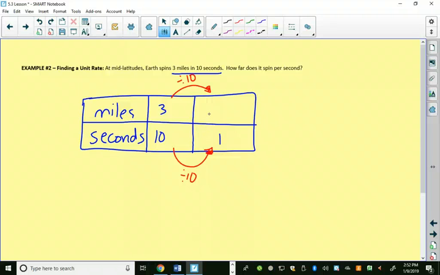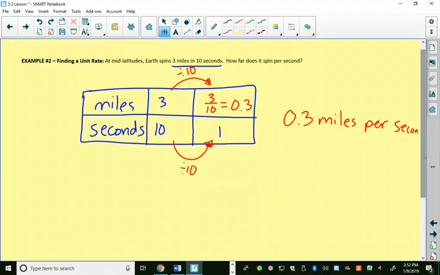And 3 divided by 10, you can either write it as a fraction of 3/10, or you can write it as a decimal of 0.3. And when I write my unit rate, I then write 3/10 miles per second. And I have just written my unit rate.